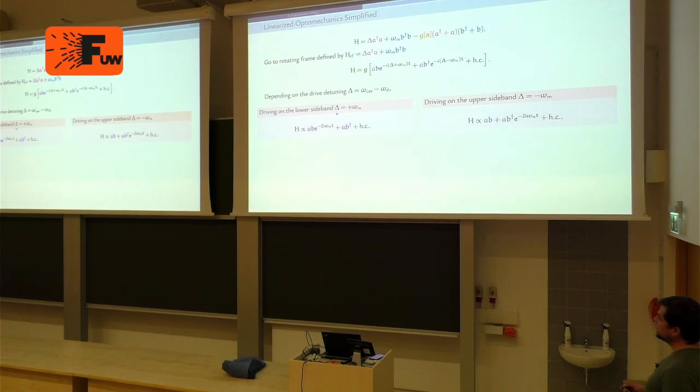So if we drive on the lower mechanical sideband, we are going to have an interaction like this, which is the excitation hopping type interaction. If we drive at the upper mechanical sideband, now this photon or excitation hopping interaction is off resonant, but this pair annihilation interaction is now present.